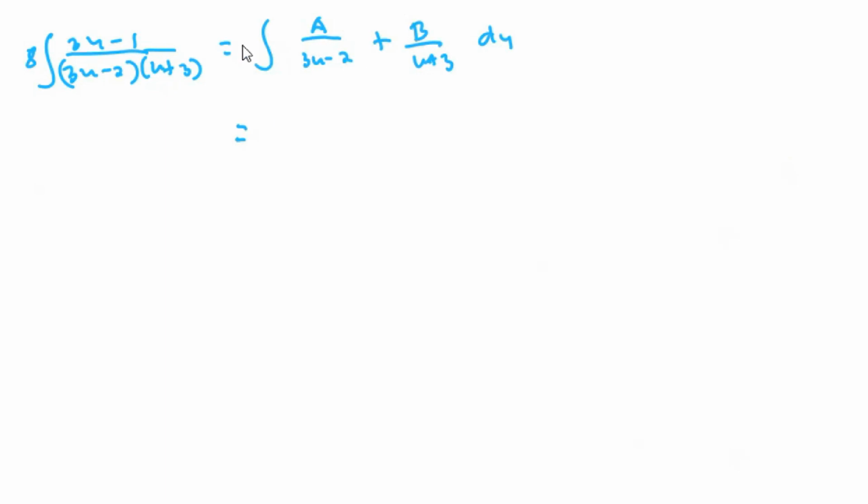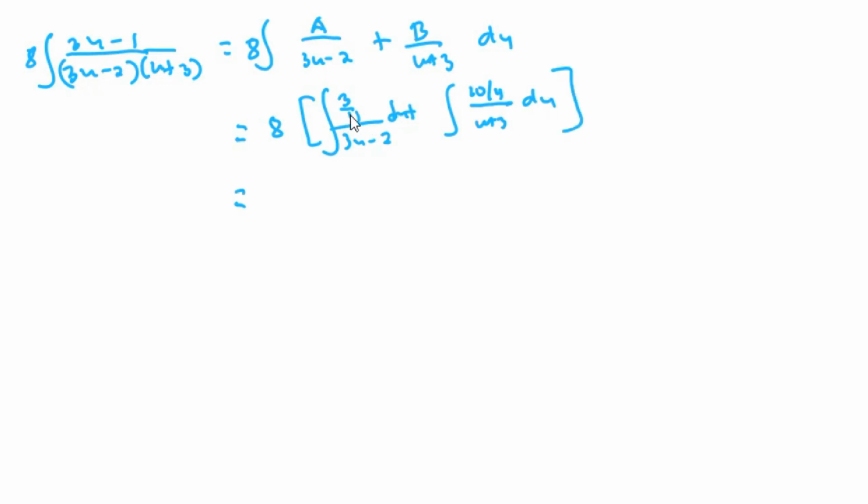Substituting now the values of a and b, I forgot to write 8, so I can write 8 times the integral of a, which is 3 over 11, over 3u minus 2 du, plus 10 over 11 of u plus 3 du.